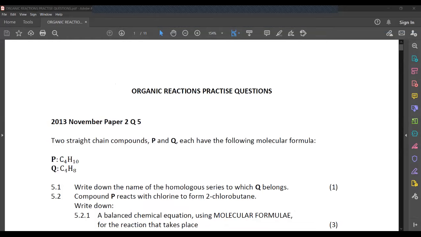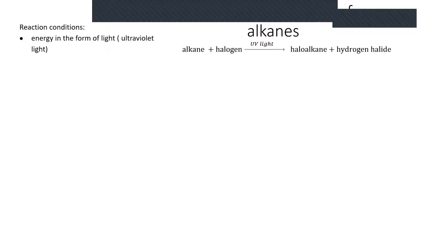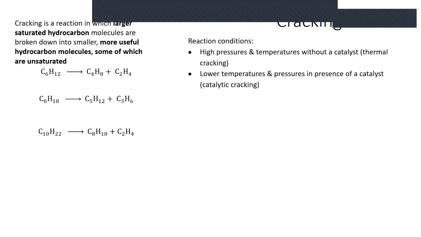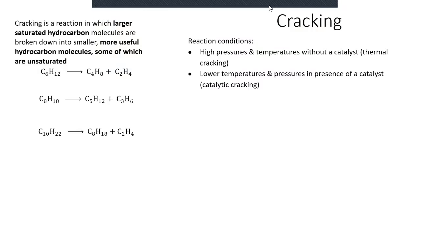Sir, can we go to cracking, where we have 10 carbons and 22 hydrogen? Cracking reaction. Yes. Let me try and see if I can reshare the screen. Cracking is giving you, is cracking your heads, eh? It's cracking you guys big time. Right, there you are, cracking. 10 carbons, 22 hydrogens. Okay, sir. So we have the product as 8 carbons and 2 carbons.